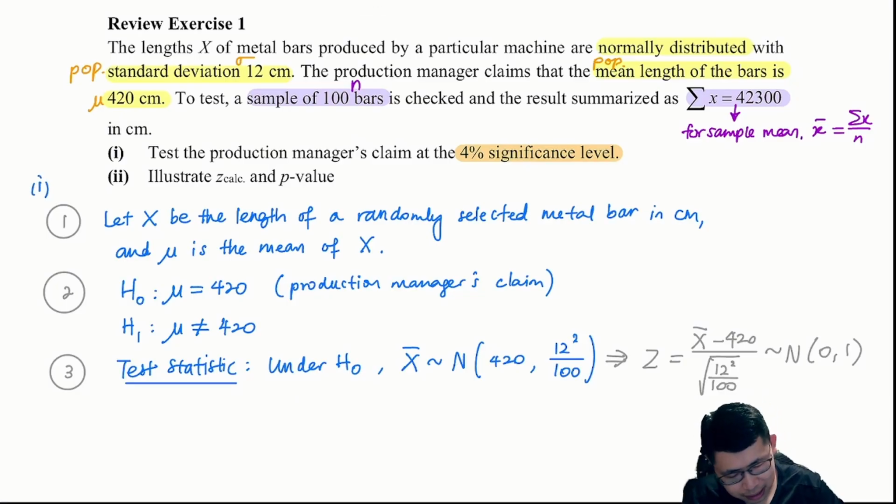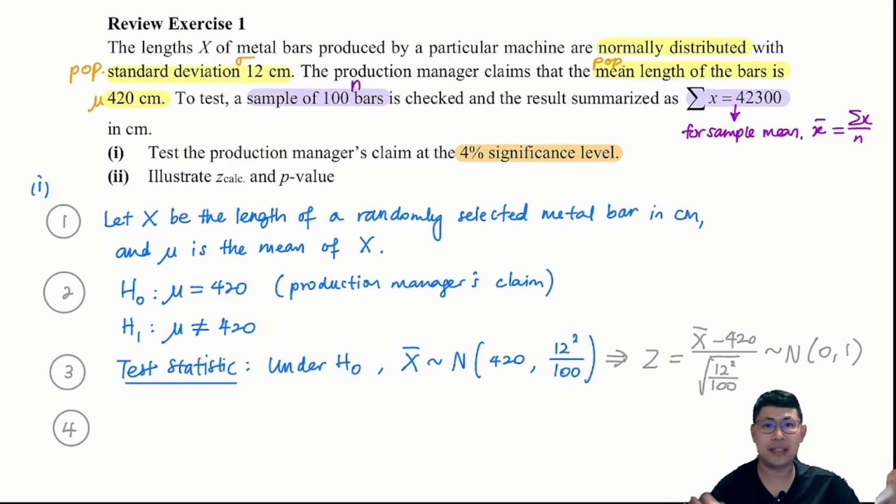One last thing to set up is to look at the test and the significance level. Based on this, we're going to take a two-tail test, because for not equal, it can be not equal on either side, not necessarily more than; it can be less than too.